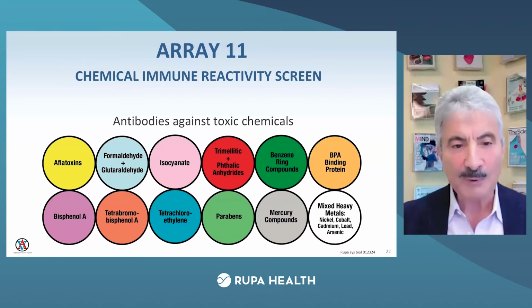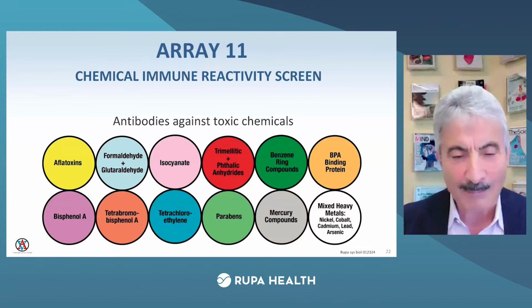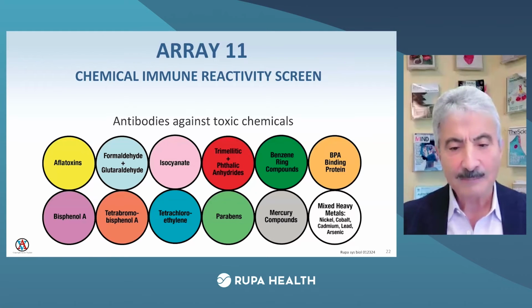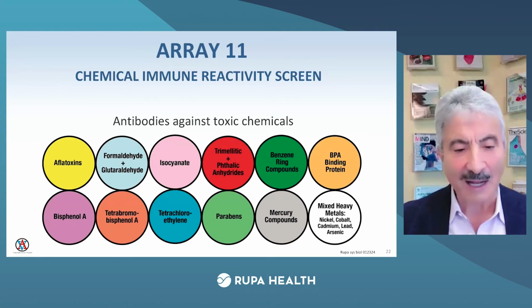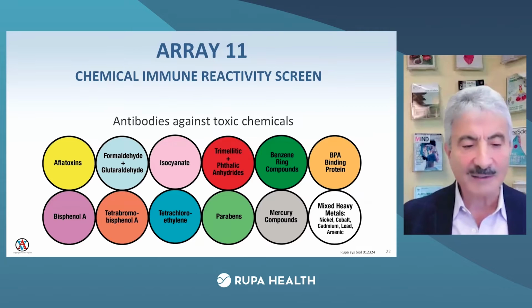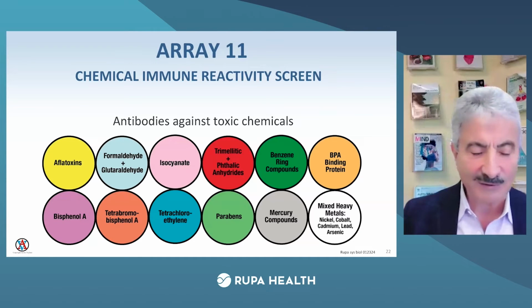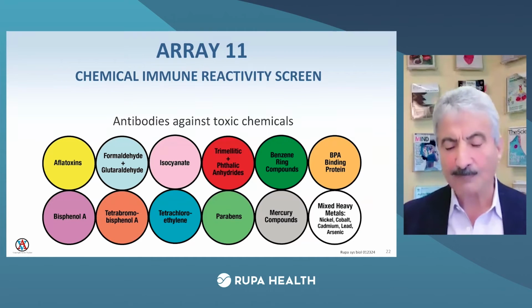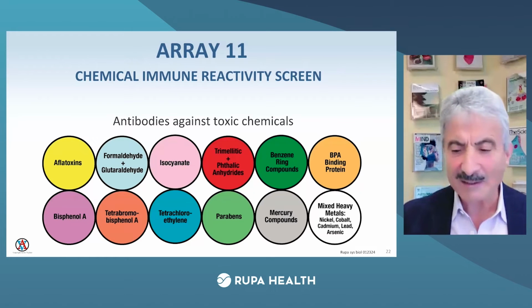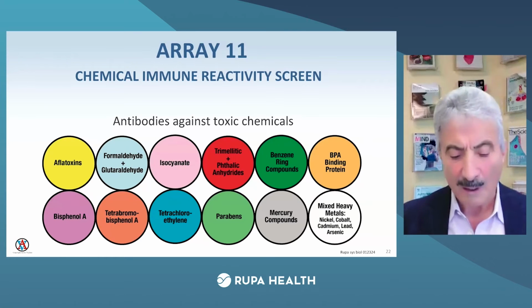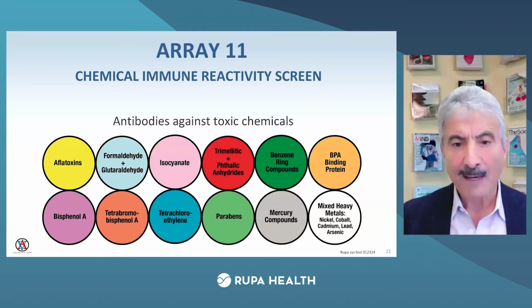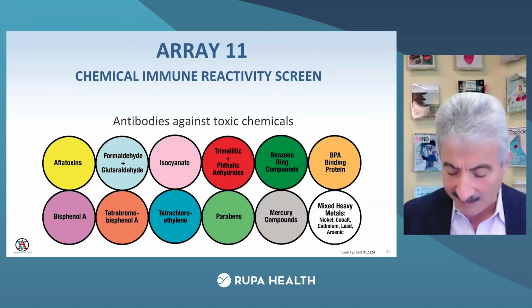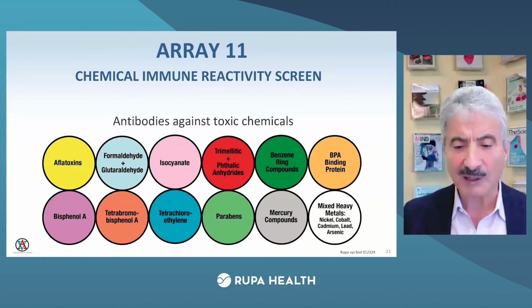And our immune system is going to react to the chemical plus the tissue that it bound to, resulting in autoimmunity. So aflatoxin, formaldehyde, isocyanate, binding protein, cosmetics, heavy metals, and more are the major chemicals that form new antigens that at Cyrex we measure antibody against them.